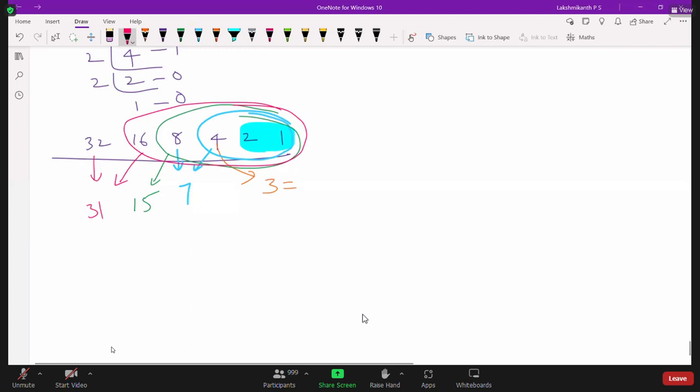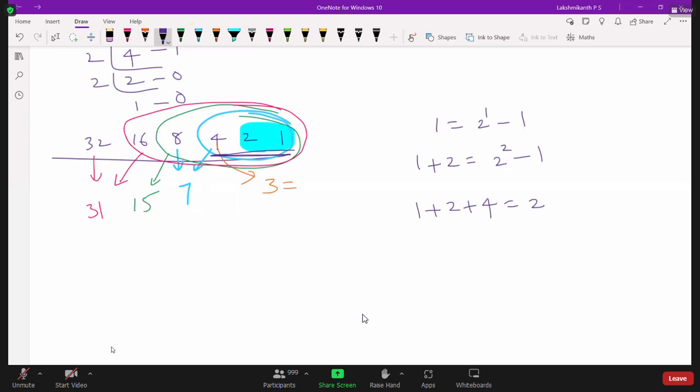So you need to know this logic. You can take 1; 1 is nothing but 2 power 1 minus 1. Now 1 plus 2 is 2 square minus 1. 1 plus 2 plus 4: what will be the next power? 2 power 3 minus 1.